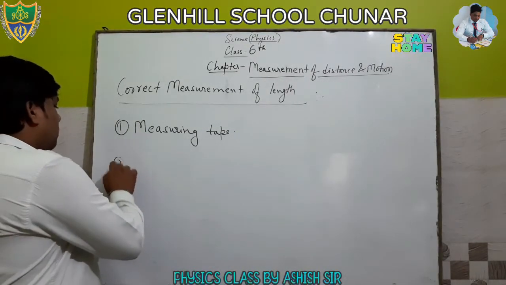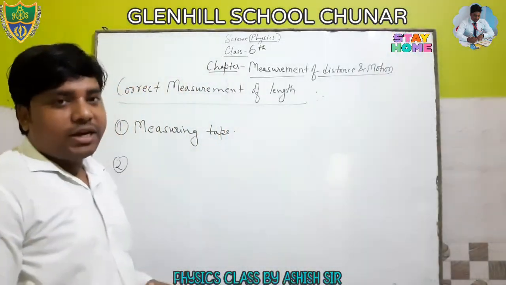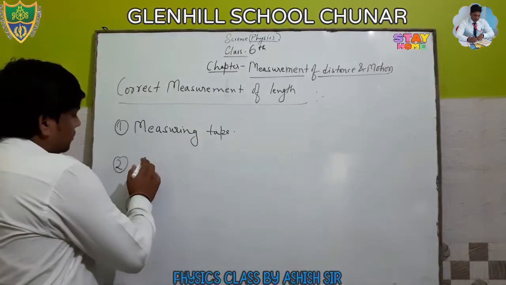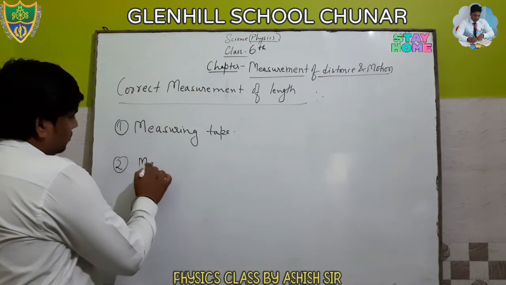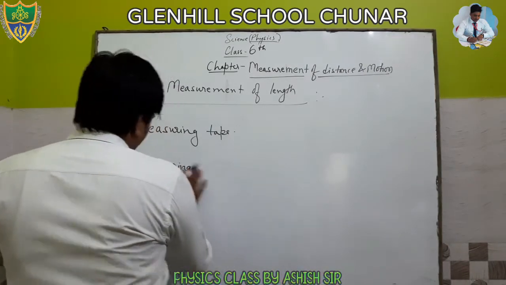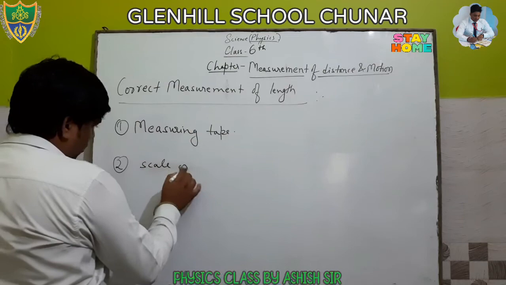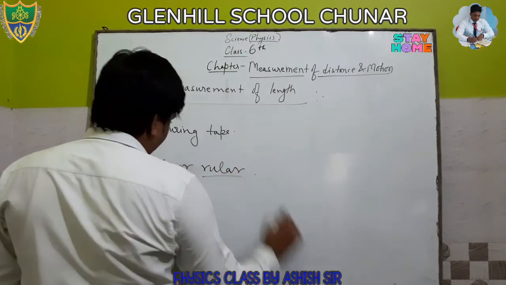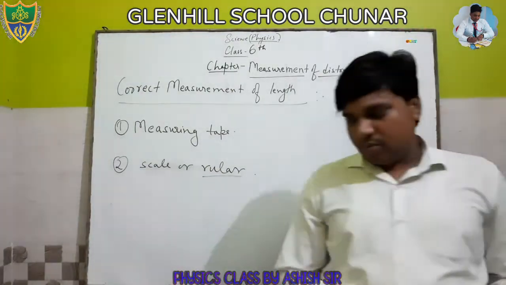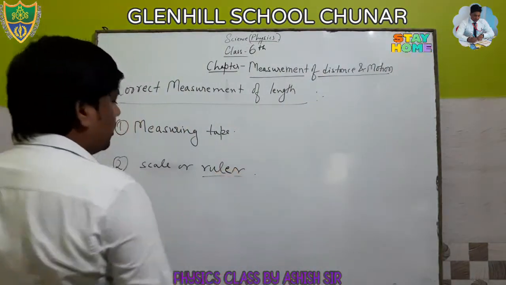But when you measure the length of a straight line, then you use a measuring scale, or simply a scale or ruler, a meter scale or ruler.